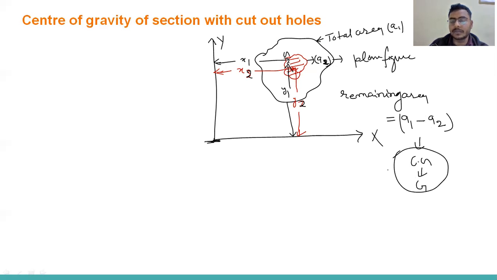So first calculate the moment of area for these two areas, the total area and the missing part. Let's assume for the remaining area their centroid is x bar and y bar, right?